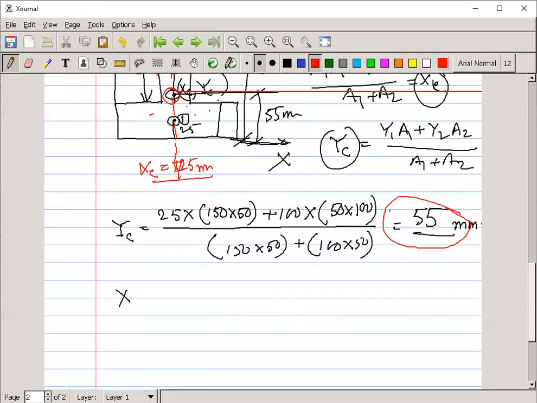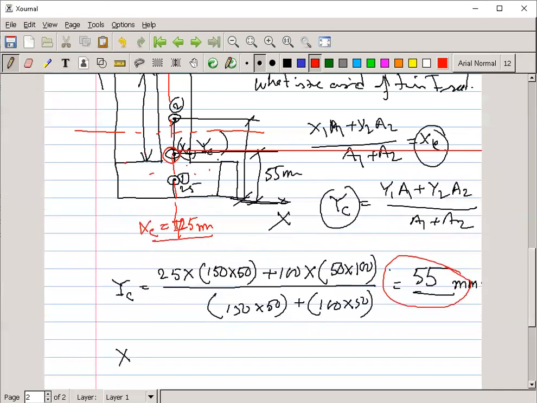Now we have to put this value where. This is your centroidal axis for this composite, right? For section 1, this is your y1. And for section 2, the distance is yc minus y2.